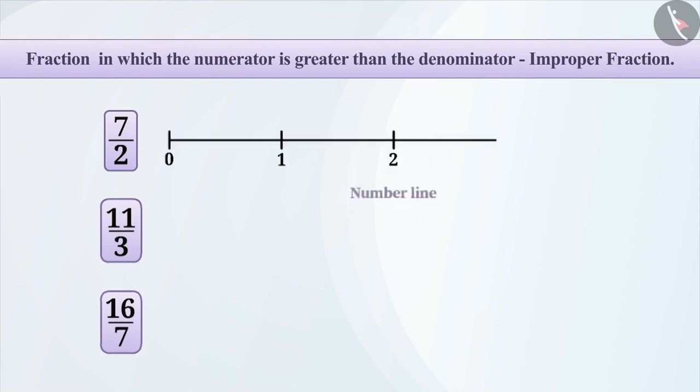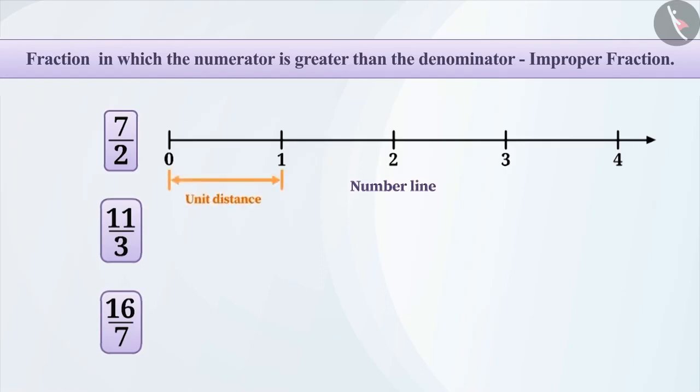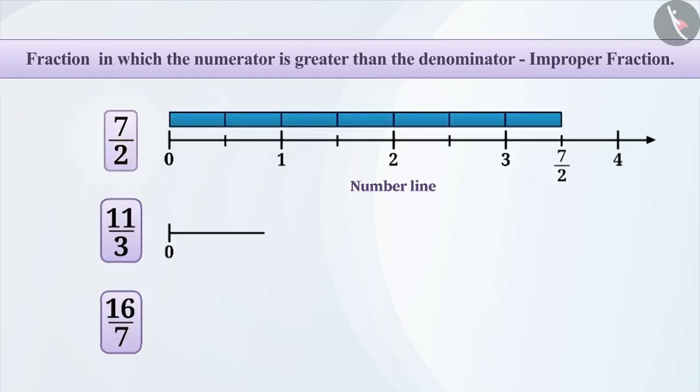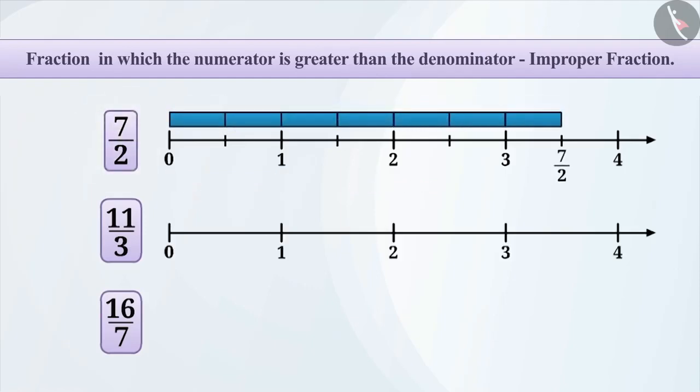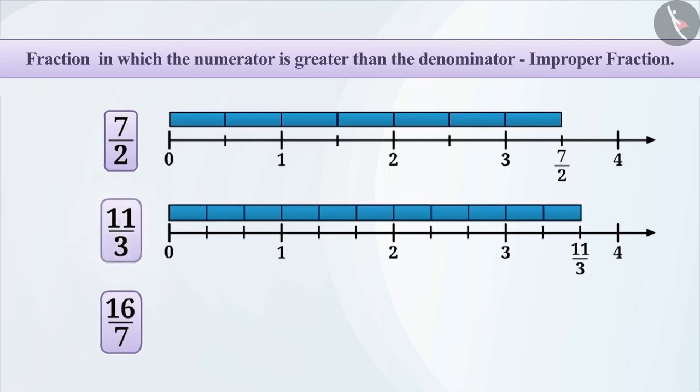Let's also represent them on the number line. To represent 7/2 on the number line, first we will divide the unit length to 2 equal parts and take 7 such parts on the number line. Similarly, to represent 11/3, we will divide unit length to 3 equal parts and take 11 such parts on the number line.